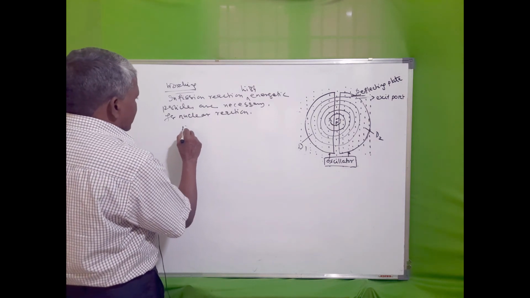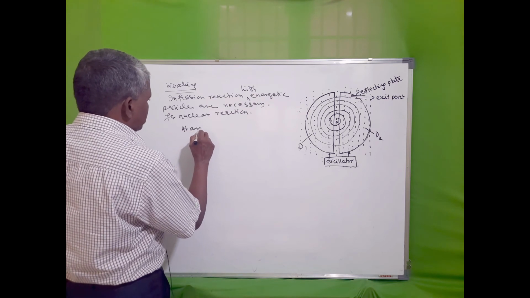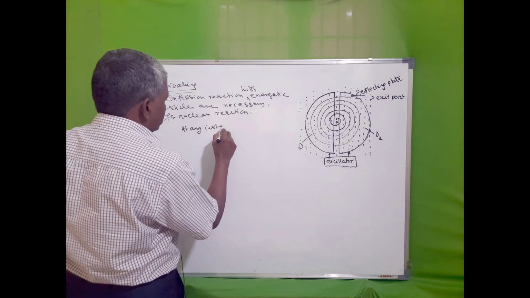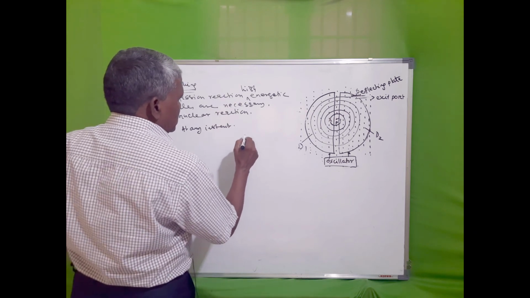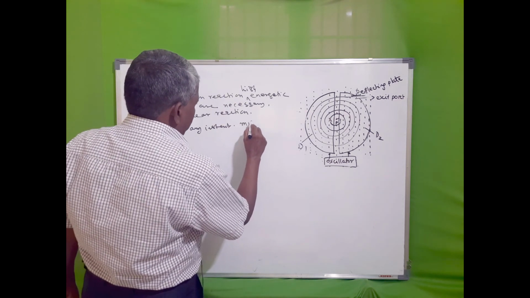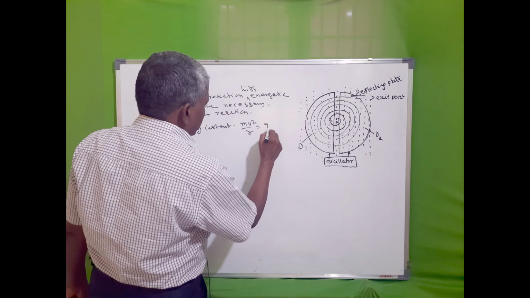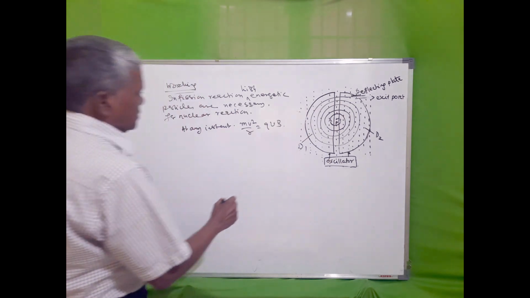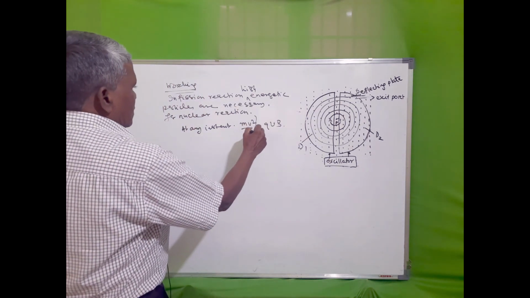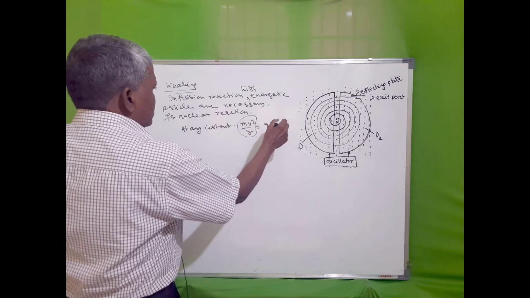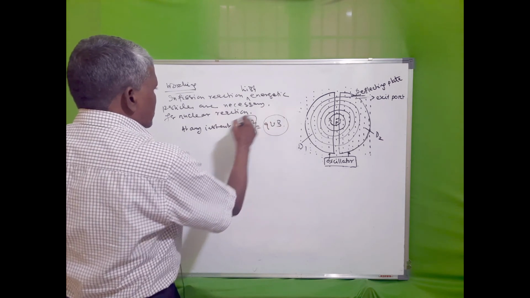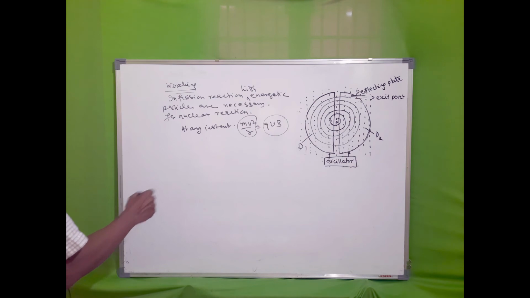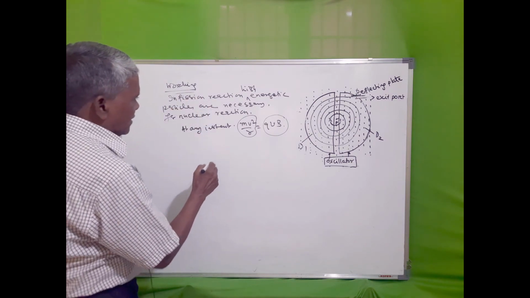At any instant, mv square by r is equal to qvB. This is the centripetal force and this is the force due to magnetic field as obtained earlier.